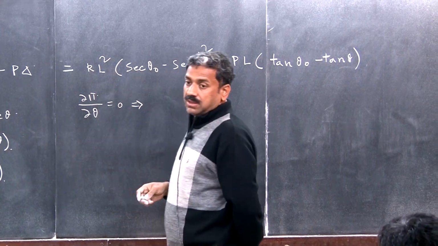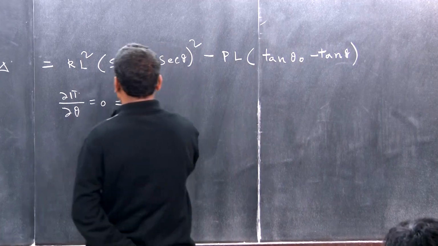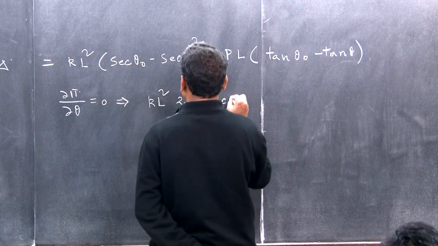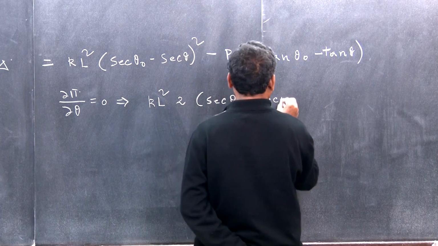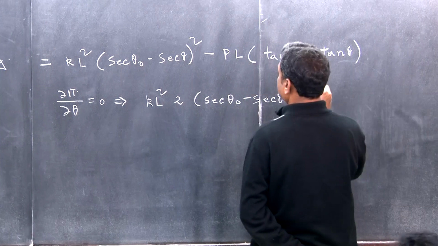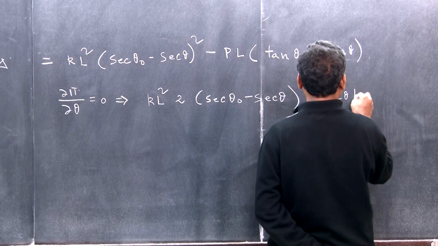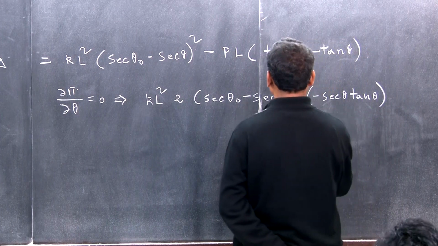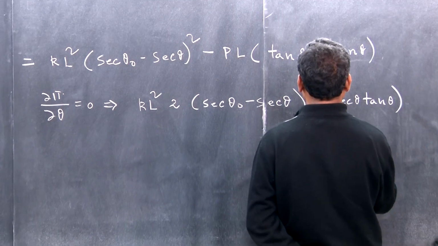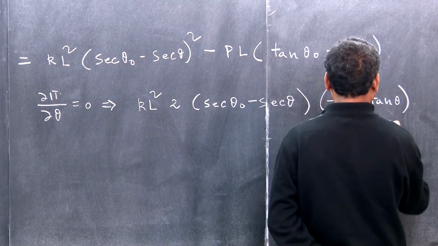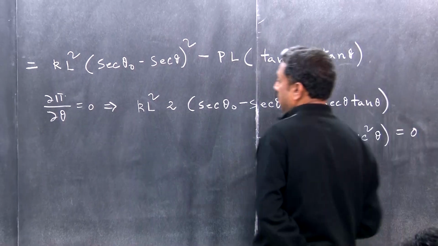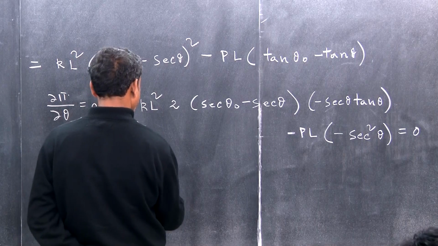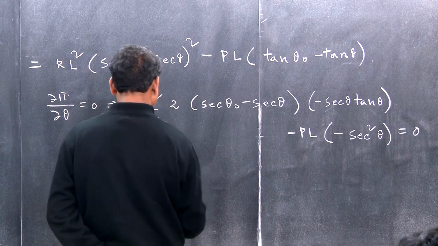So, let us differentiate. k L square into 2 into sec theta 0 minus sec theta, and then this is minus sec theta tan theta, minus P L, and this is sec square theta, is equal to 0.